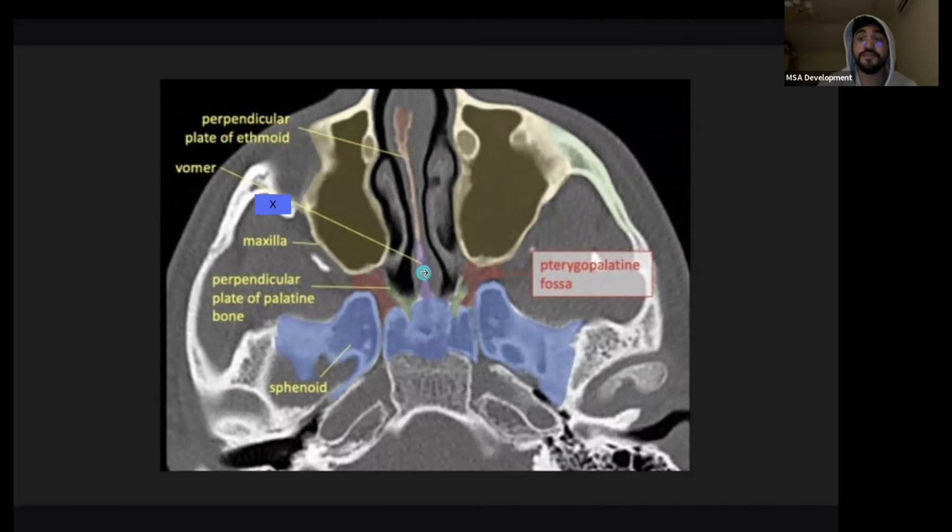What's this bone? This is the vomer. This is the perpendicular plate of the ethmoid, and this is the septal cartilage. And this is your pterygopalatine fossa. This is the sphenoid right here as well. This is the perpendicular plate of the palatine bone right here.